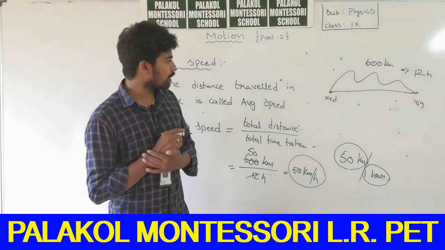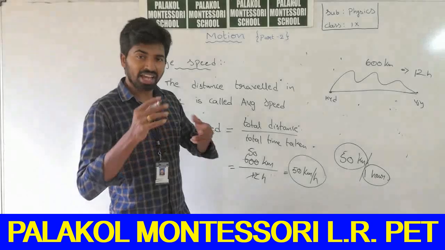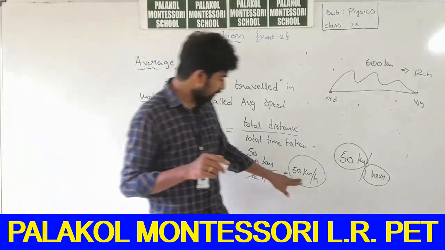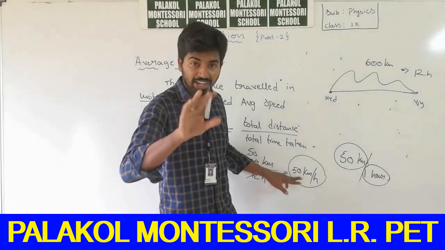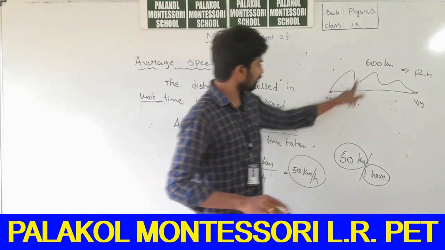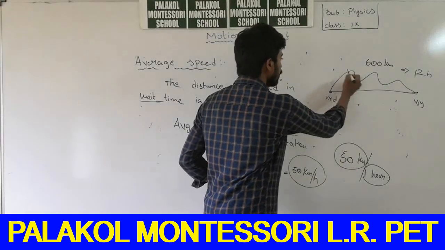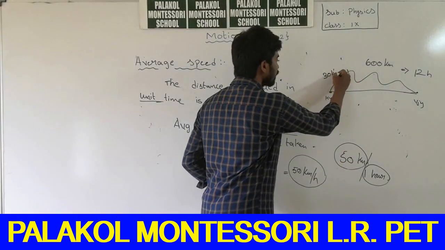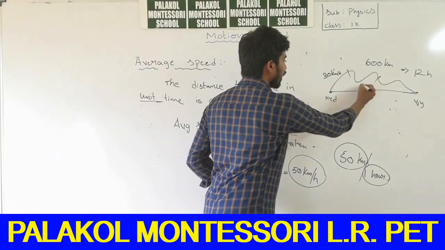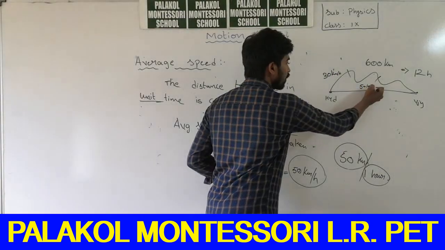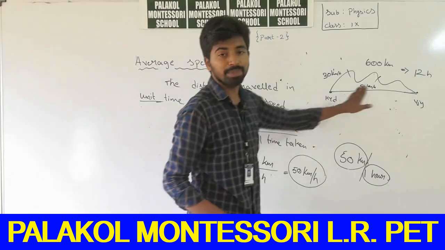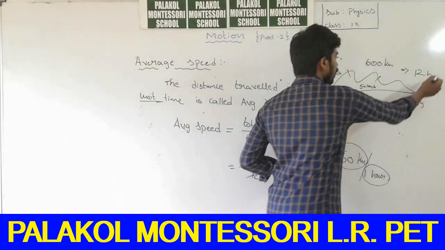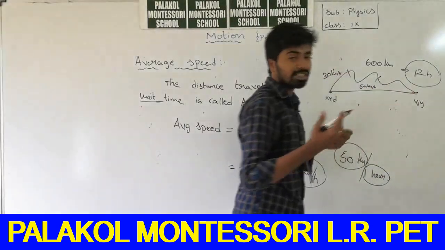And the important point is that this is the average speed. You may travel with different speeds. Up to here, you may travel with 30 kilometers per hour. Up to here, you may travel with 50 kilometers per hour. So, it is the average speed only. That means, in the 12 hours of time, the average speed is given.